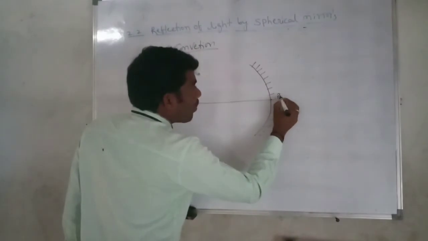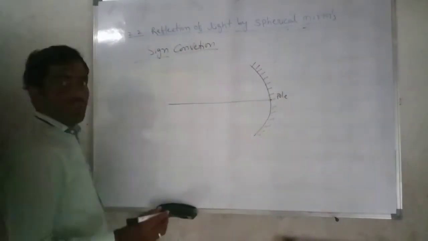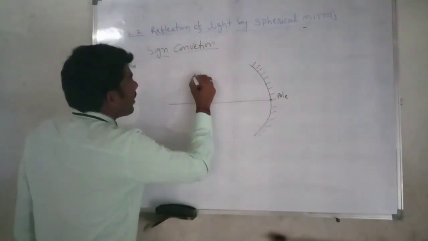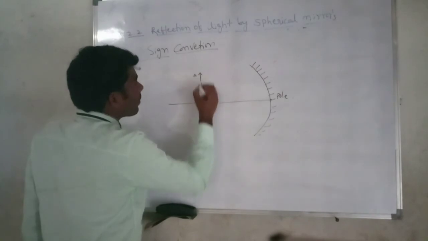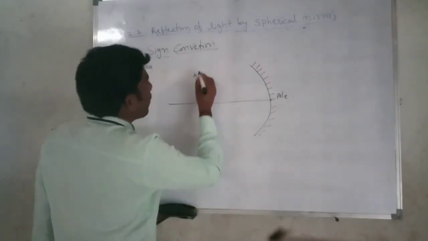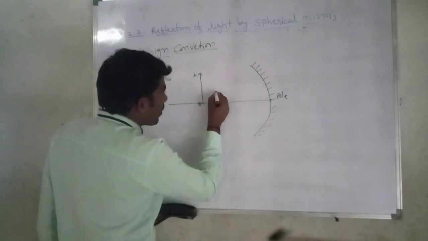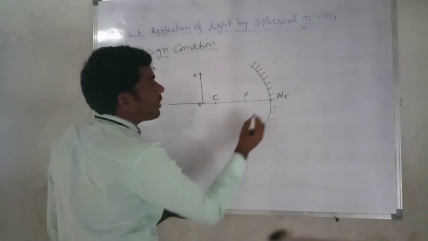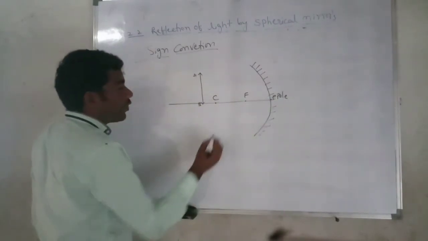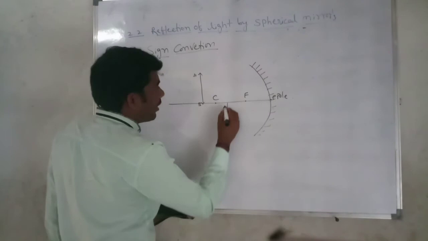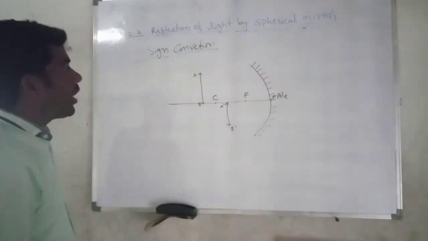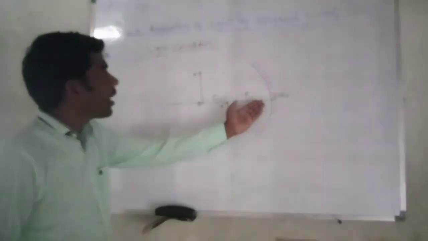This is the principal axis. This is the focus point. This is the object AB, this is the center of curvature, this is the focal point, and this is the pole P. The image is A dash B dash.